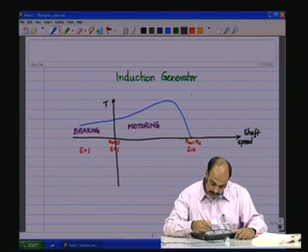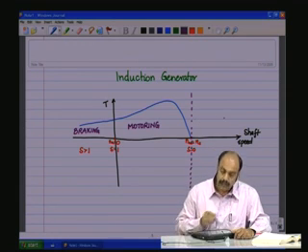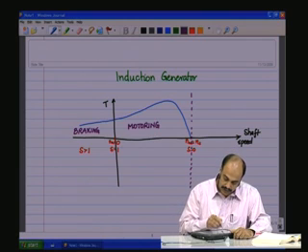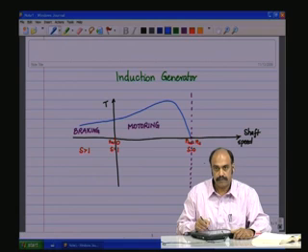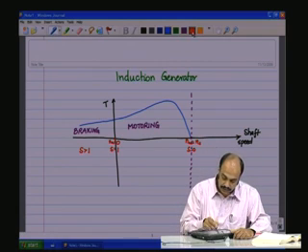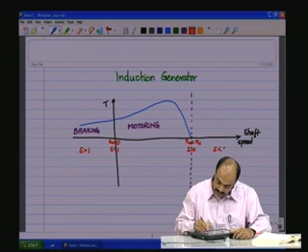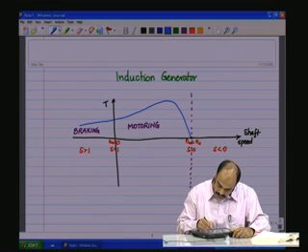And then beyond the synchronous speed point, we have the super synchronous speed domain, and that gives you a slip that is negative. That is, S is less than 0, which means that it is in the generator mode.